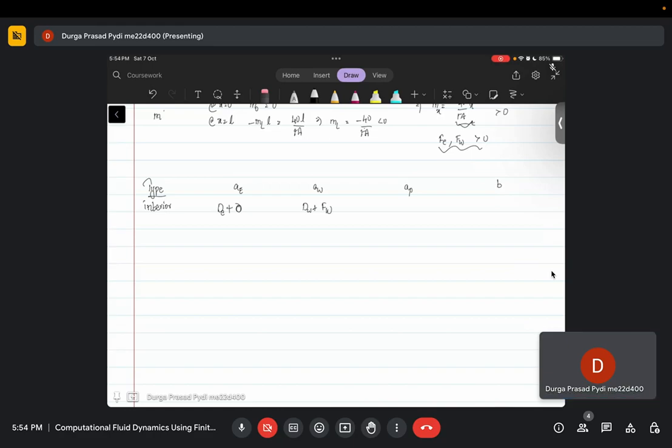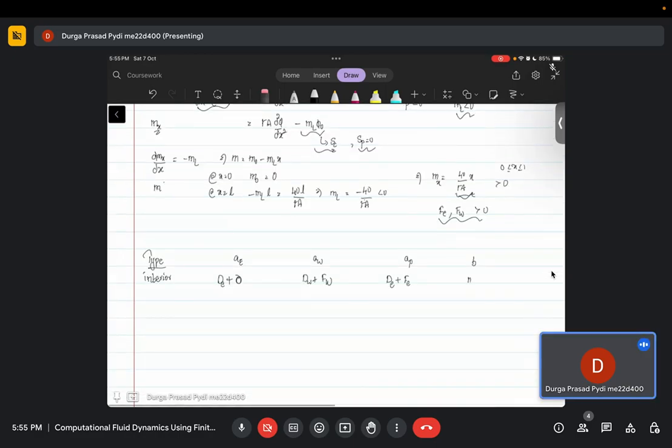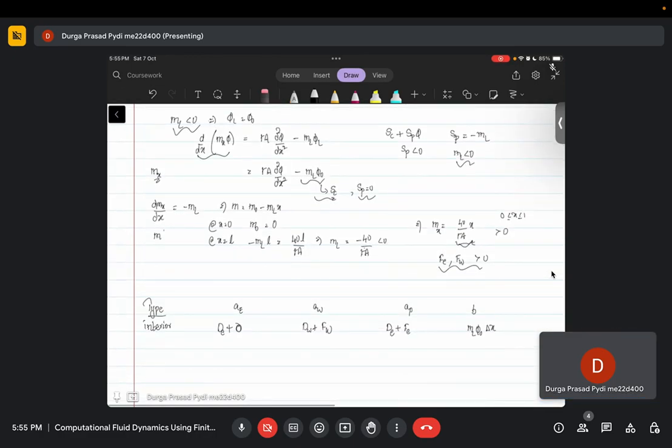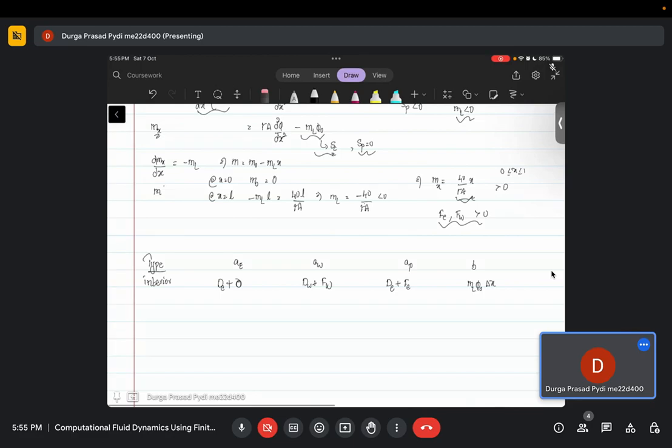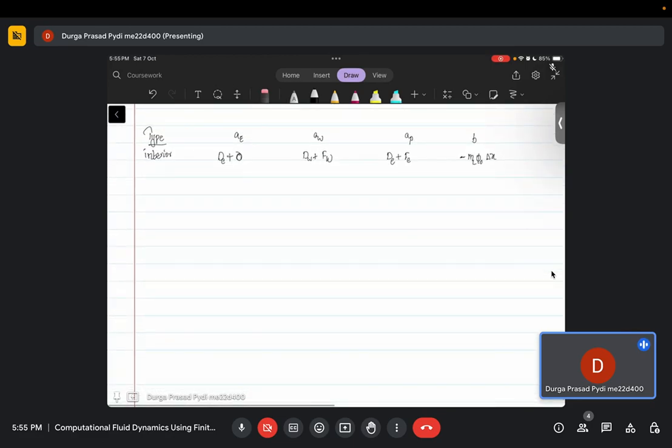AP will be DE plus F east. And then for the B term, for the source term, I will just have the ML source term. So that is ML times phi 0 times delta x. So I think there will be a negative here. There should be a negative sign here. ML is negative, so it gets cancelled.